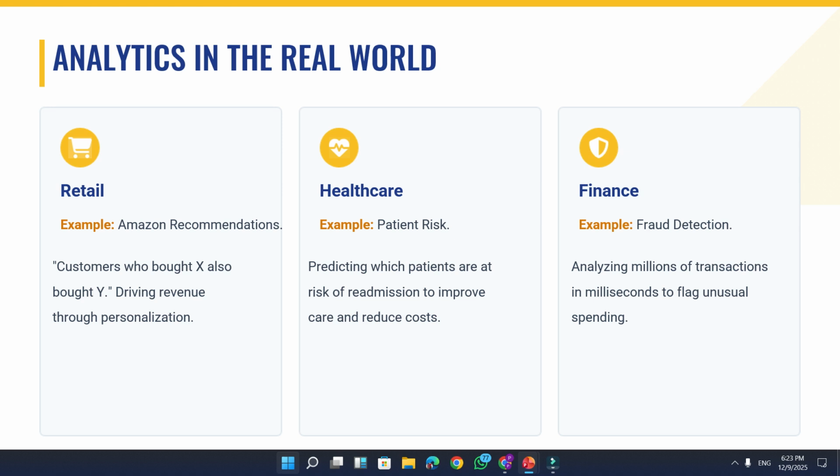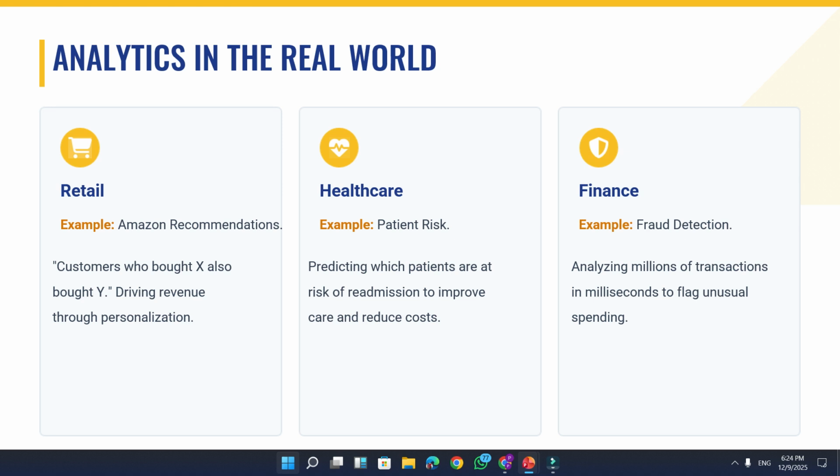So, before coming into the depth of our discussion, we need to see some real world examples. We have several examples in the real world where data is used. But here in the Philippines, the most common examples that anyone can understand are the retail companies, the healthcare domain, and finance. In a retail company, for example, data is used in recommendations to suggest an item to a customer who bought a certain item.